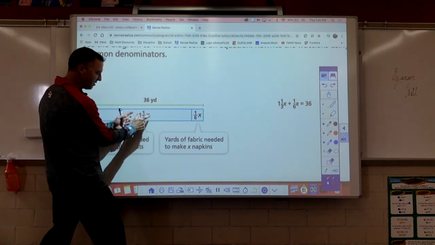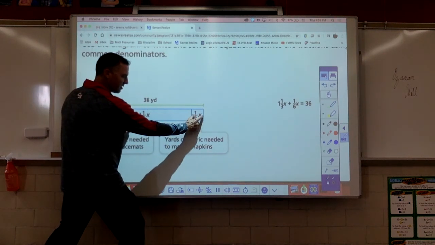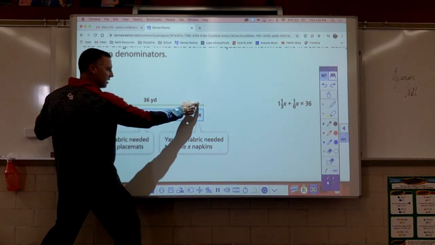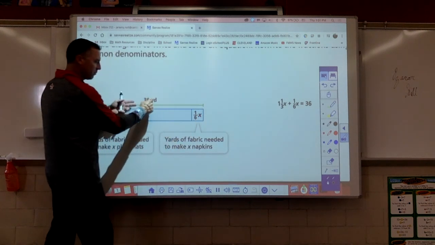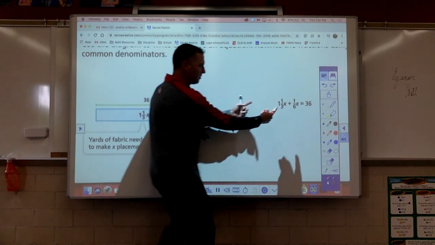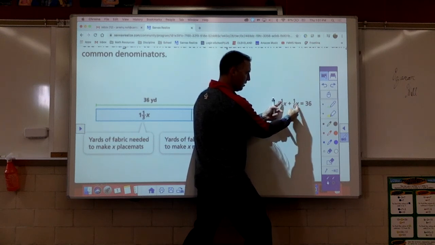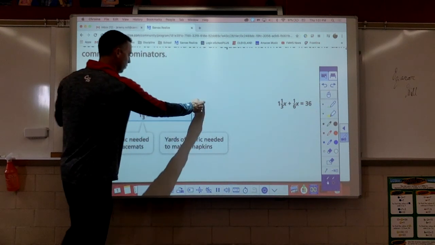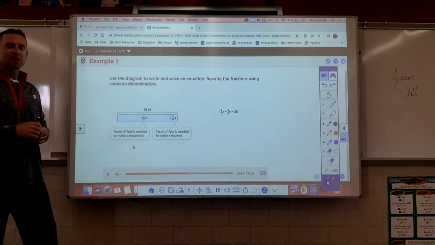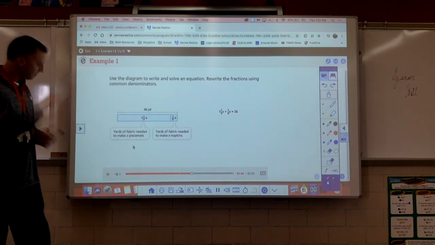So if I take this term plus this term, those have the same length as this lovely green line up here, which represents 36 yards. So these two added together are equal to the 36 total yards of fabric that we have. I got it. Does that help, Mr. Fricke? That helps. Thank you very much.